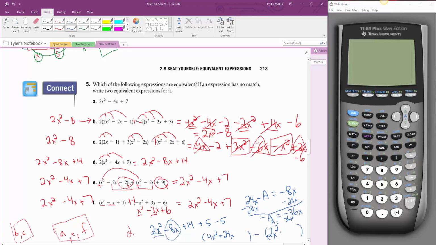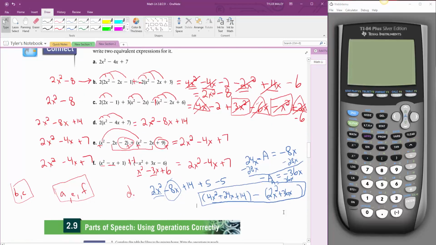So that's what I need here, a plus 36x. And then we want plus 14, so you could even just put plus 14 here, and then have nothing here. And so this would be another equivalent expression to part D. So there's multiple different answers you could have there. The important part to check your work is if you simplify each of those, you should get 2x squared minus 8x plus 14.